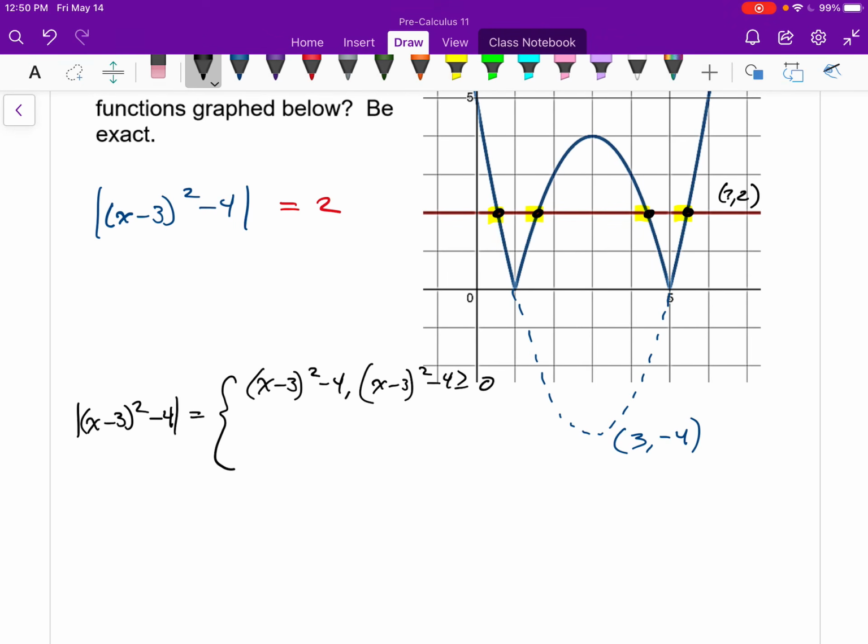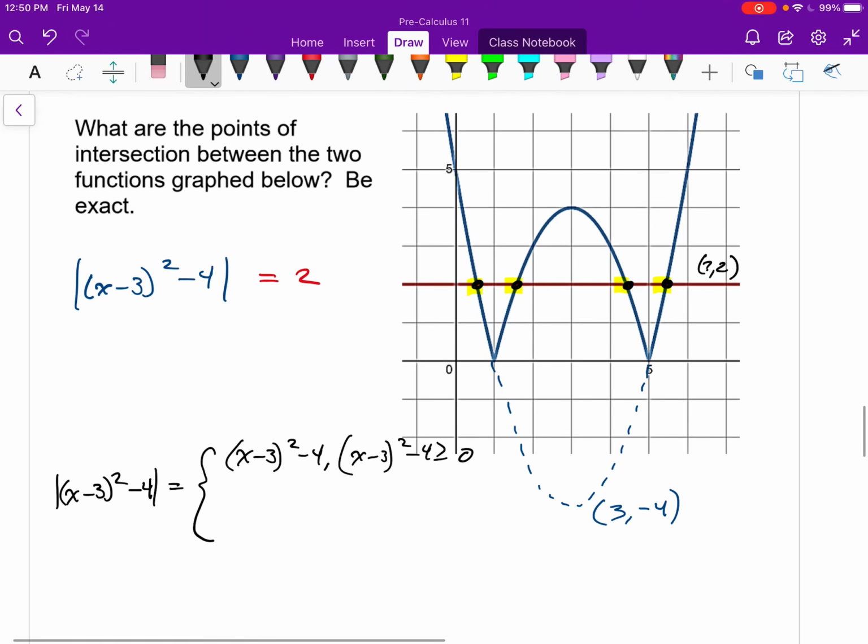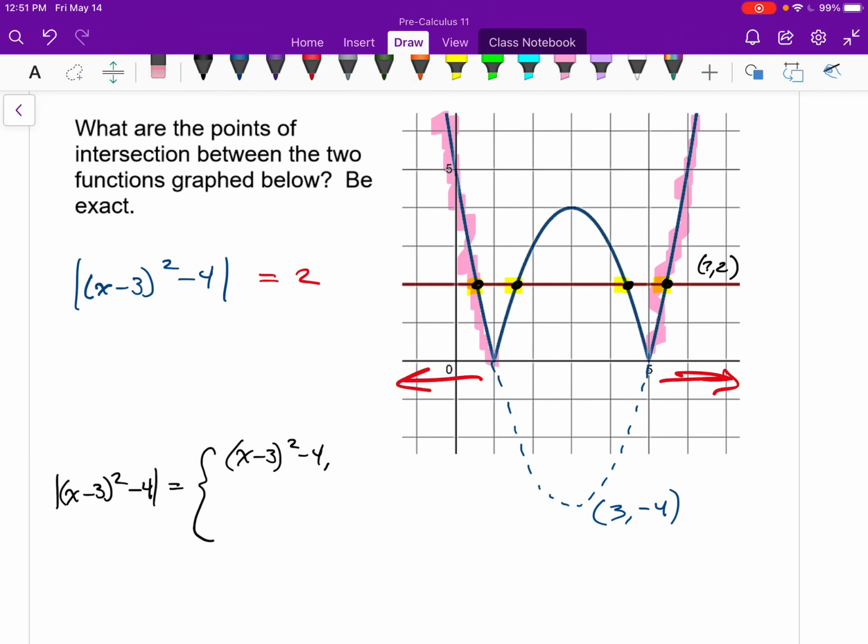Keep in mind, that just means when my parabola that I sketched out at the beginning is above the x-axis, the y values are greater than 0. And I can just see that's everywhere here, and that's everywhere here. So I don't need to do any algebraic work. I can see in terms of x, that's when x is less than 1 or more than 5.